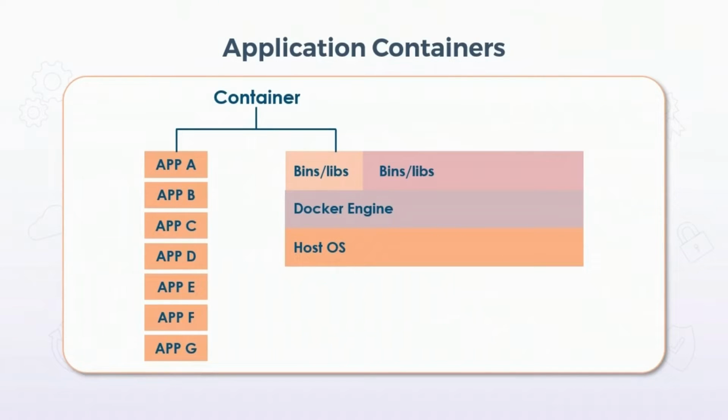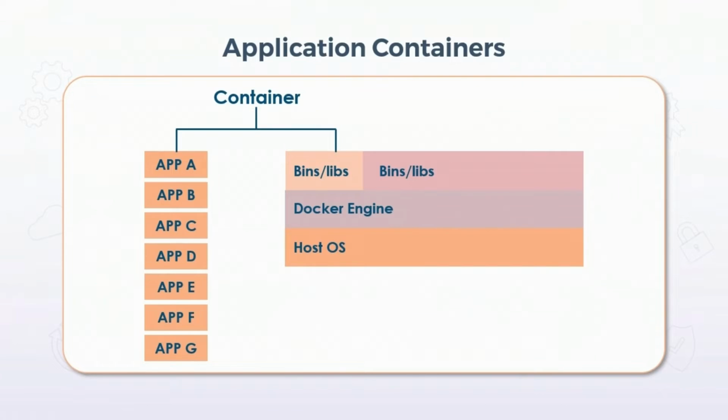So pictured in the diagram, at the bottom right side we have the host operating system, whether it is running Windows or Linux or a Unix variant. Now above that, we can have an engine that supports running containers such as Docker engine. It runs Docker containers. Now above that, of course, we might have binaries and libraries that are called upon by the application containers shown on the left.